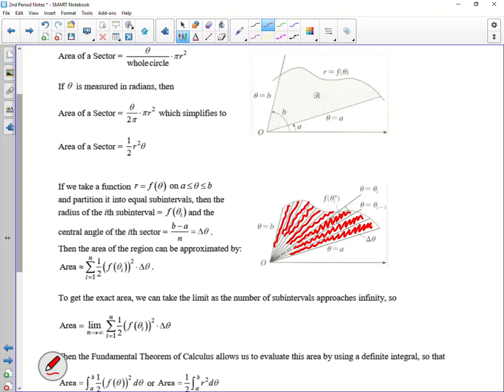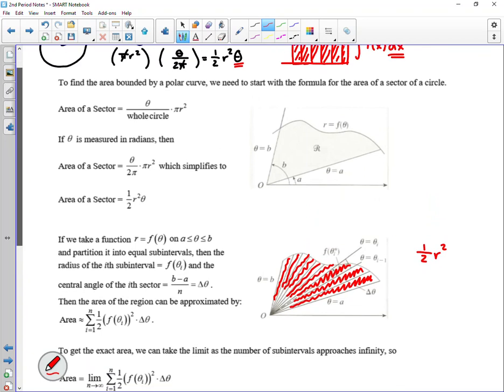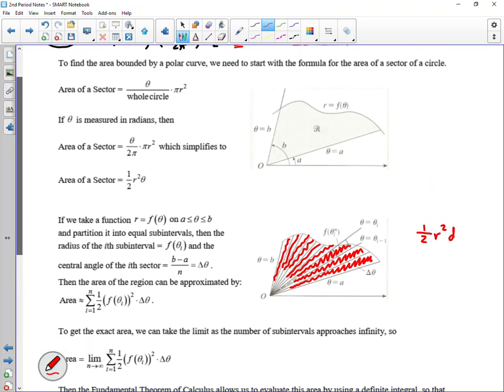So the area of a sector we said is 1/2 r squared, and then our theta, just like our dx here, was the thing that we wanted to get super small. Our theta is the thing that we want to get super, super small, right? The smaller it is, the more accurate your area. So it's going to be d theta, okay? And then we add up all of the pieces.